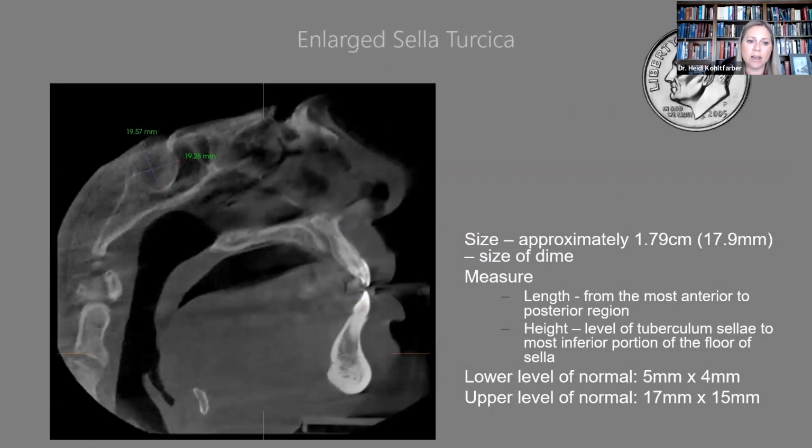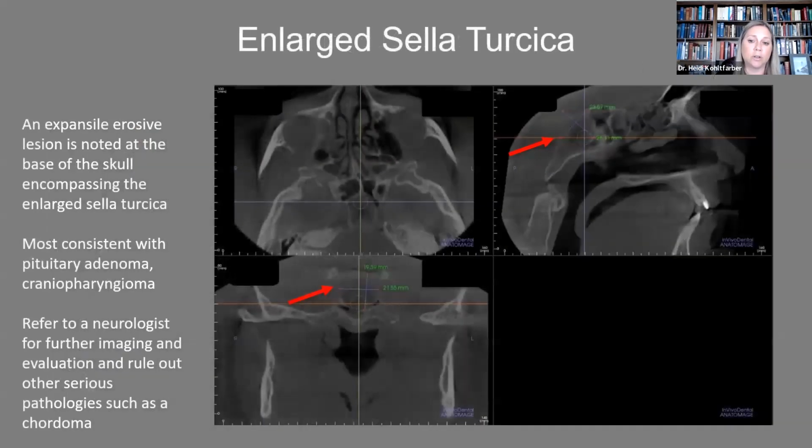Enlarged sella turcica, yes, we can see those. If it is grossly enlarged, if it's larger than the size of a dime, which is about 18 millimeters, we want to send that patient on for additional imaging. This was a very, very large one. We're very concerned about what this might look like. And you'll notice you don't have any sphenoid sinus. Your sphenoid sinus is gone.